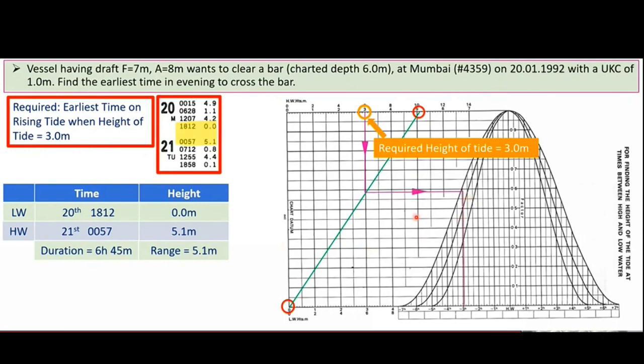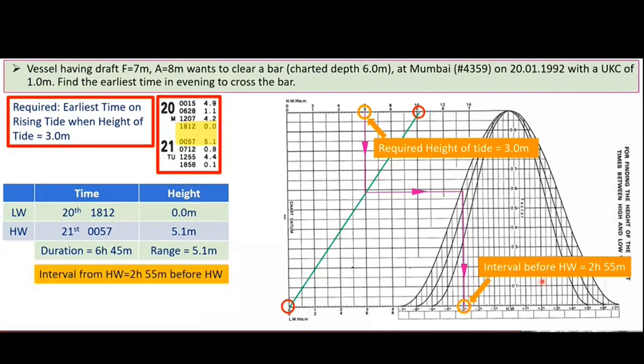And from here we come vertically down, and we read off this interval on the base scale out here, and we find that the height of tide shall be 3 meters at an interval of 2 hours 55 minutes before high water.